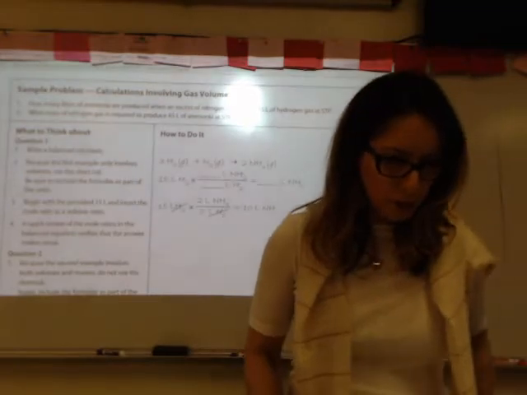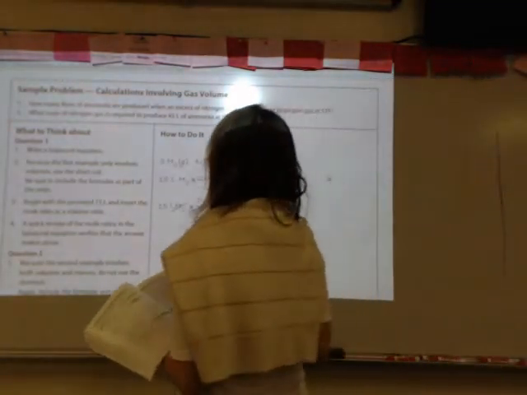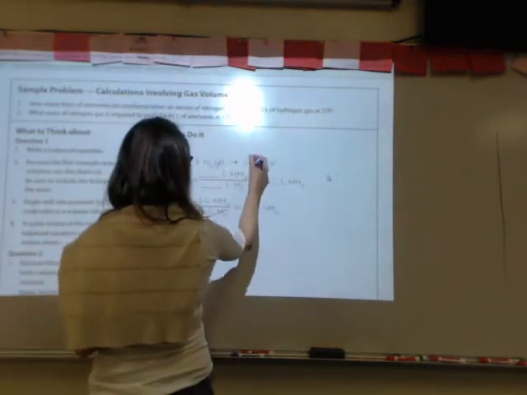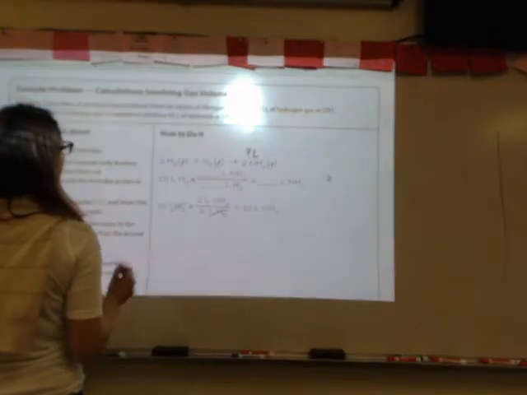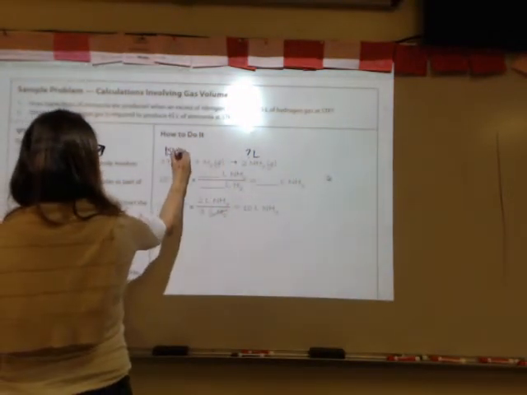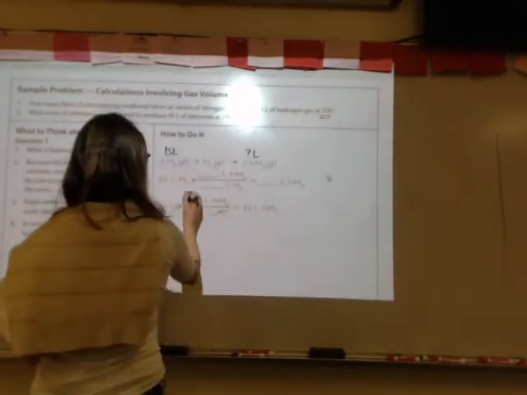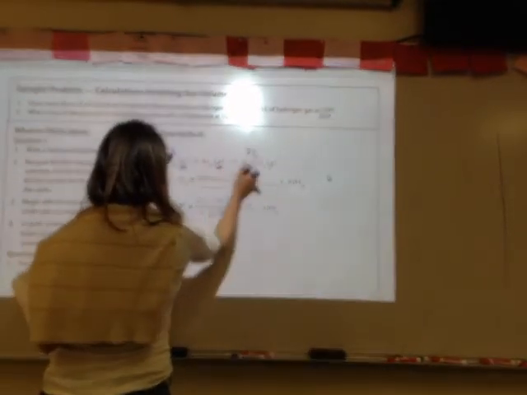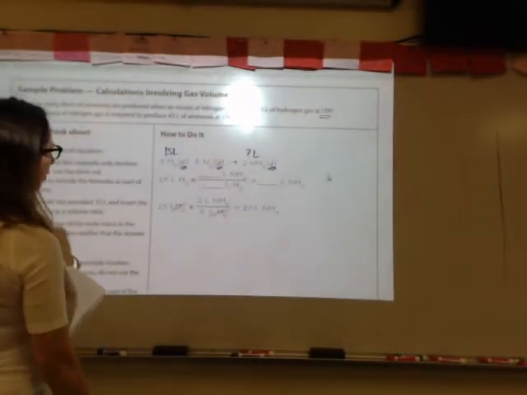Here in the sample problem, they want to know how many liters of ammonia, I'm going to use their balanced equation, are produced with an excess amount of nitrogen, that means I have plenty of it, with 15 liters of hydrogen gas at STP. You'll notice these are all gases. And what I can do is I can do a liter to liter ratio.